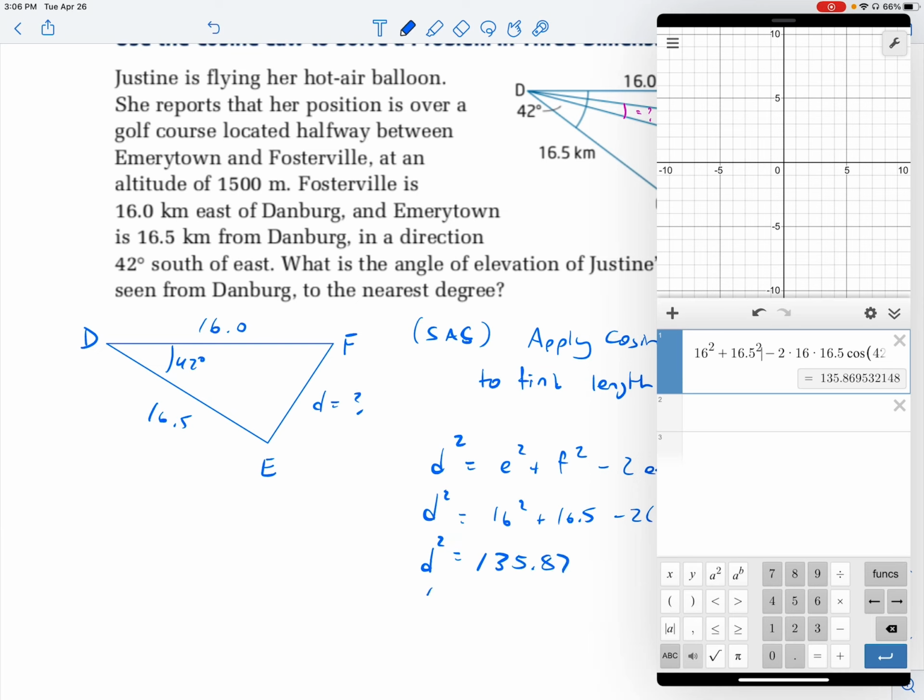When we root that, we'll say 11.65, I can round that up. We'll say approximately 11.67.